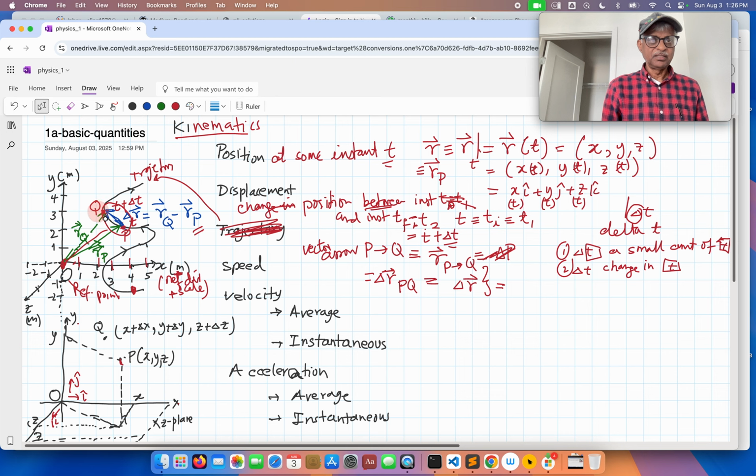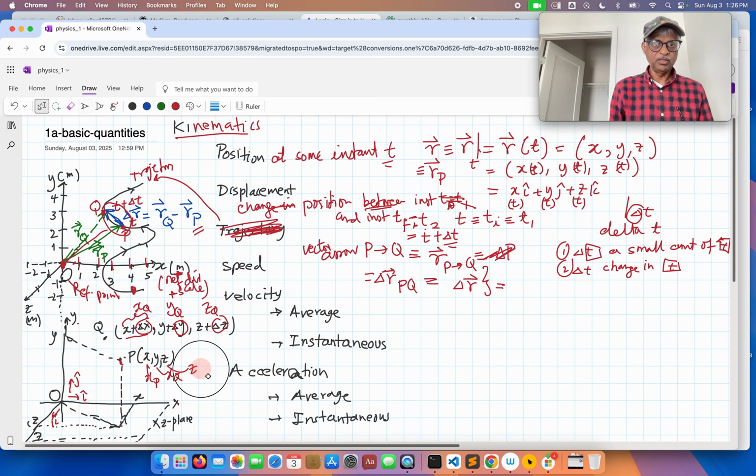If you look at Q, its coordinate will be a little bit different than X, which I'm going to call X plus delta X. This is not change in X, it's just delta X, a small amount of X added to or subtracted from X. I could have called this whole thing X for Q, Y for Q, and Z for Q, just like X for P.